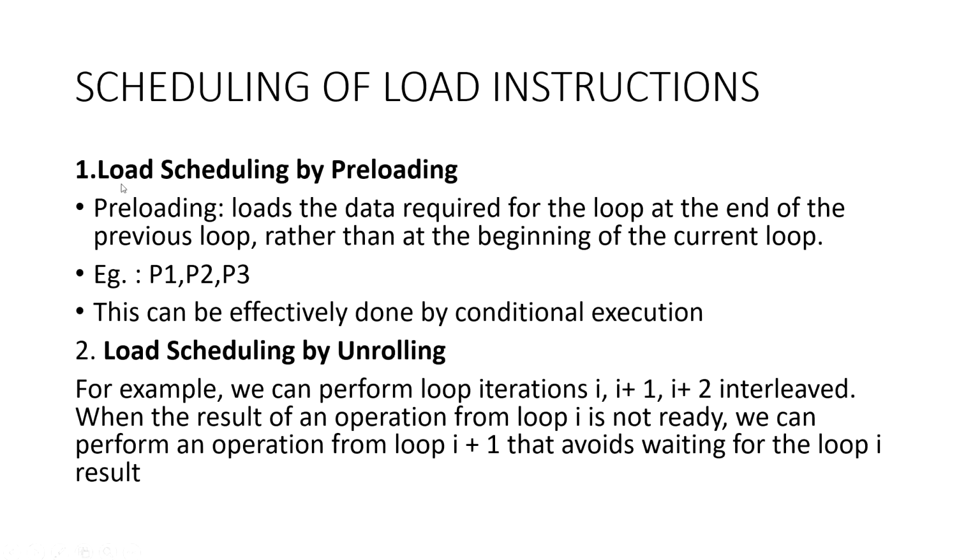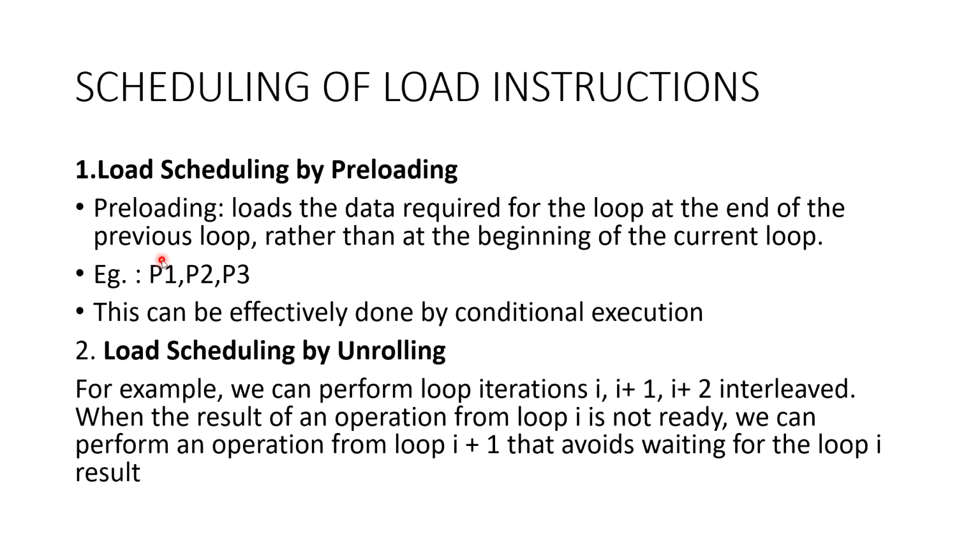The next one has again two types: load scheduling by preloading and load scheduling by unrolling. So what is preloading? We'll explain it with the help of an example. Let us assume that we have three loops P1, P2 and P3, all interlinked.